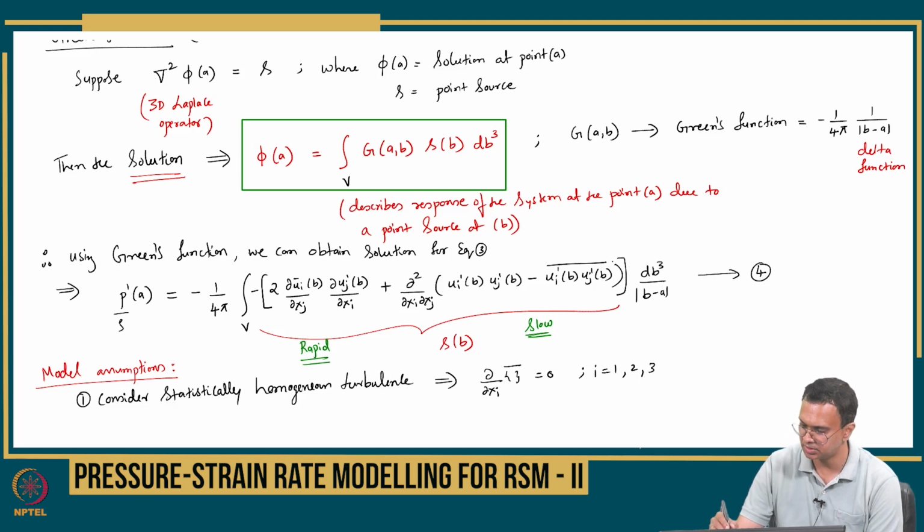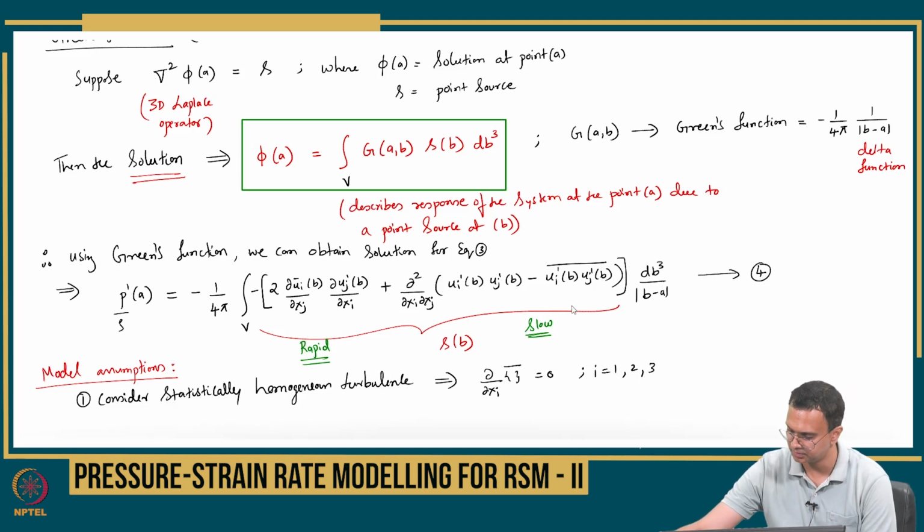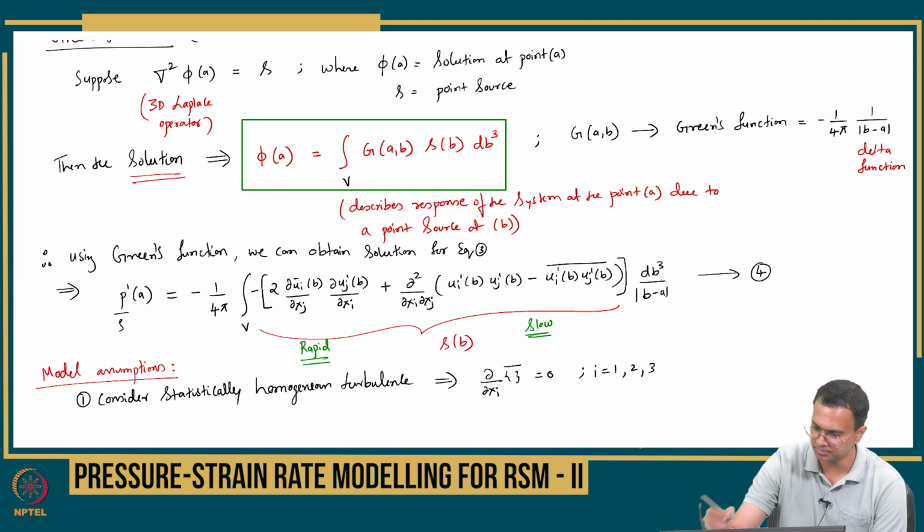So the consequence of this is one term will go away. Okay, this is the first model assumption.